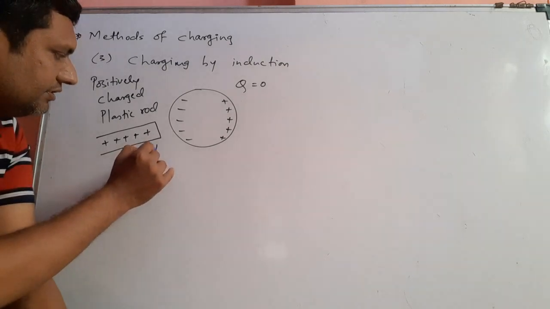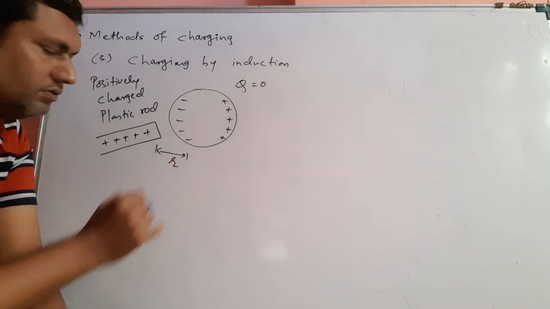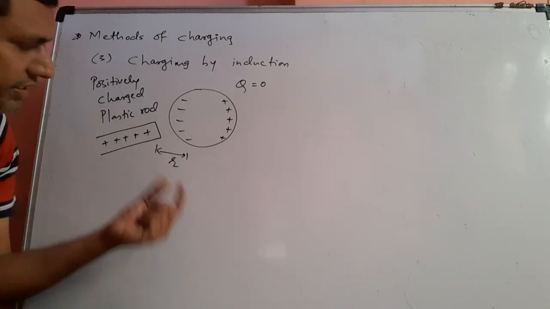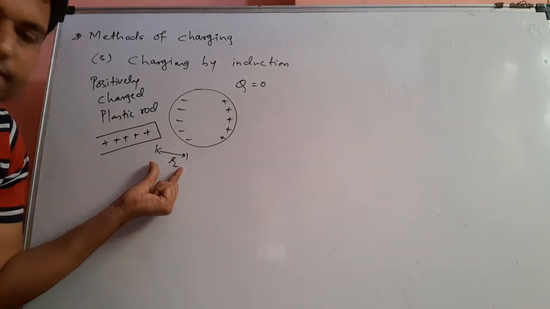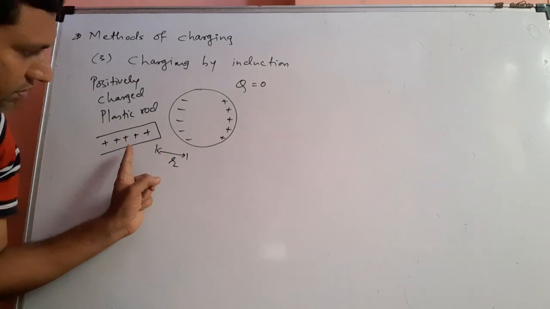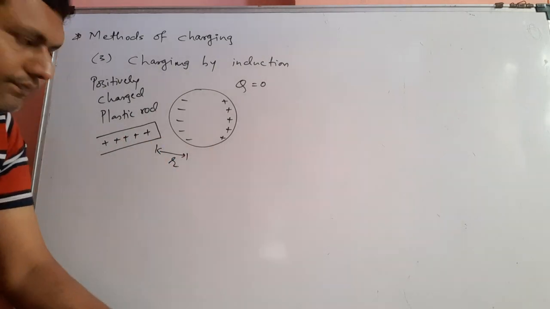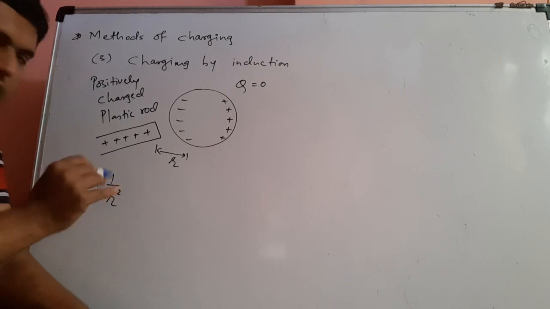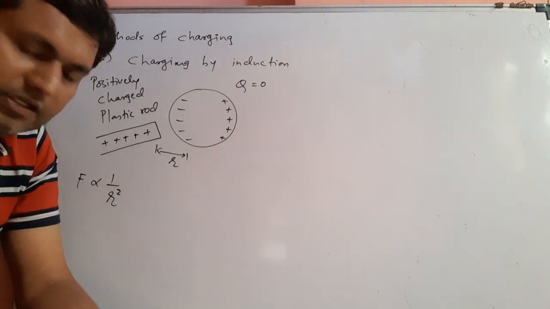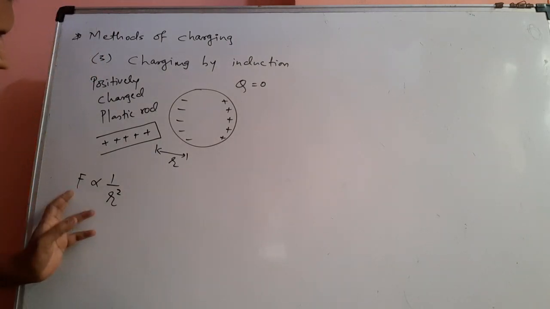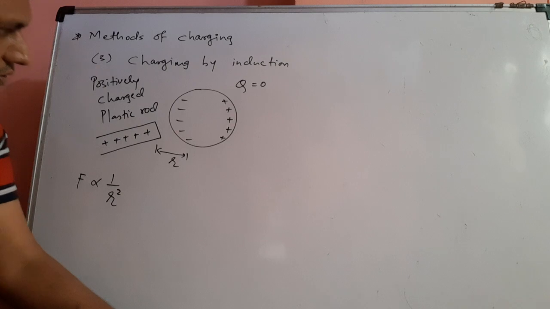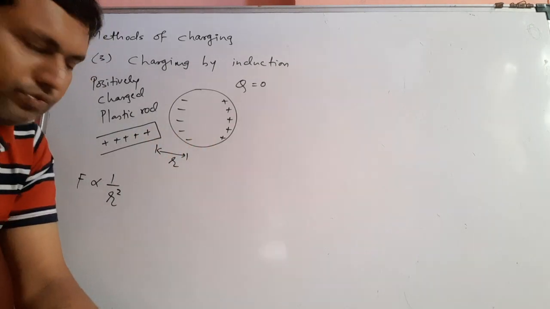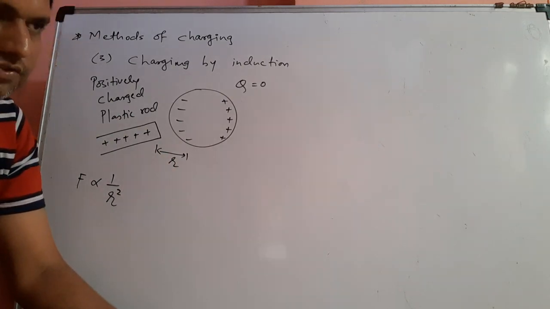Now obviously the distance between the charges, here positive charge and negative charge, is comparatively less than between this positive charge and this positive charge. And we already know that Coulomb's law has inverse square dependence, F proportional to 1 by R square. So obviously this repulsive force is comparatively weak in magnitude as compared to this attraction.